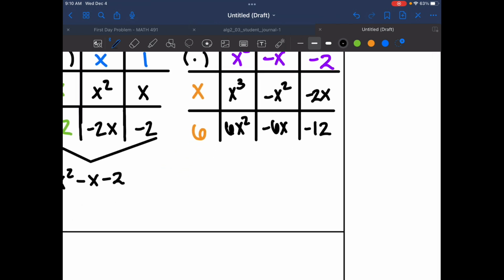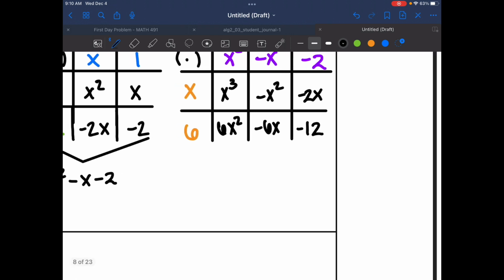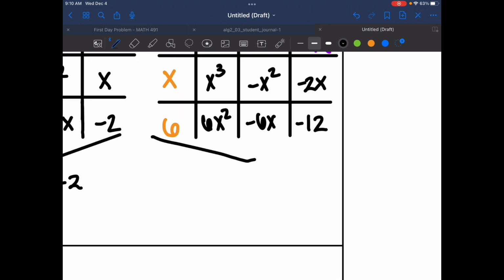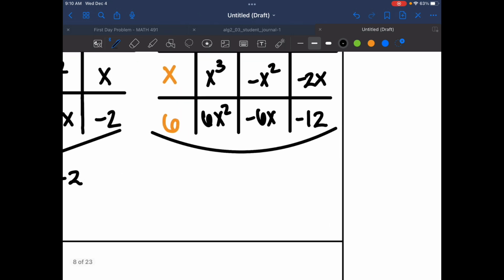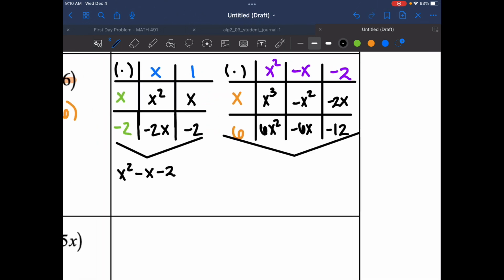And those are going to come together. So this is our final polynomial here, right? And this is going to be x to the third. I don't see another one.